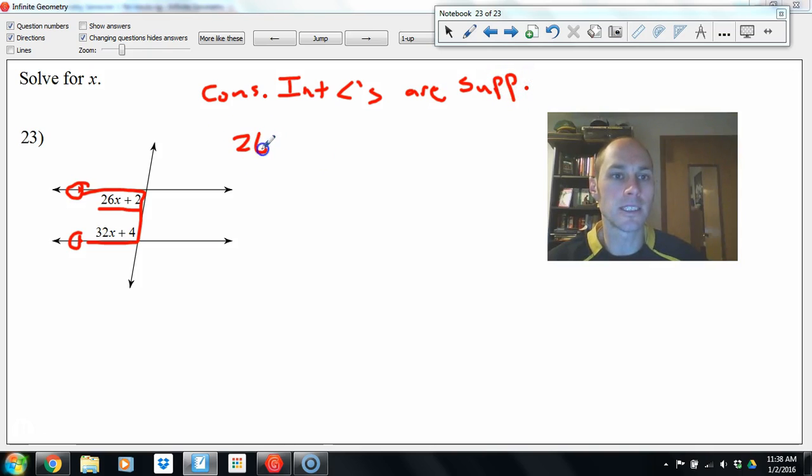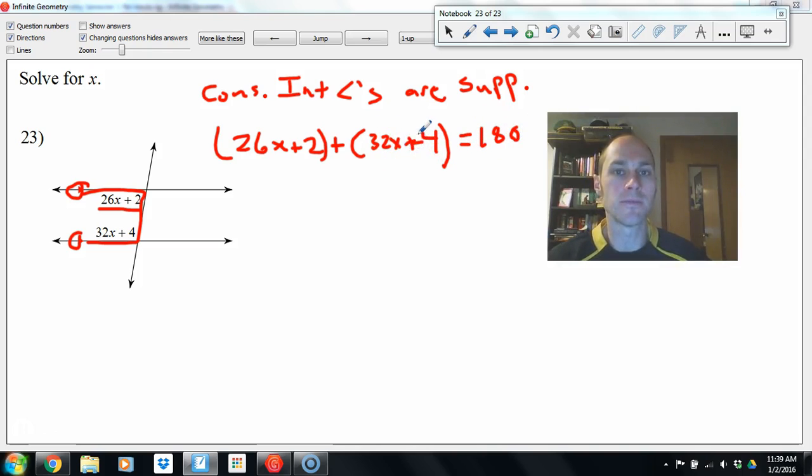So 26x plus 2 plus the other angle, which is 32x plus 4. Those two angles will have a sum of 180 degrees. So once we set up our equation, it's just a matter now of solving that equation.